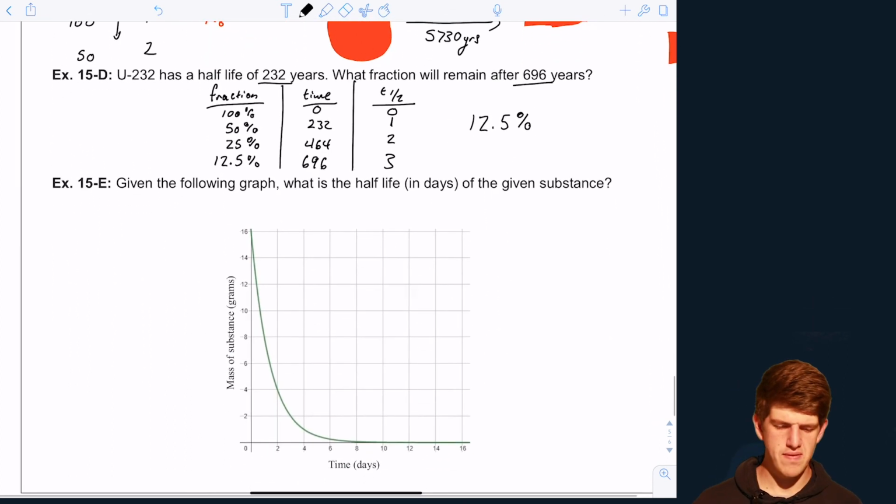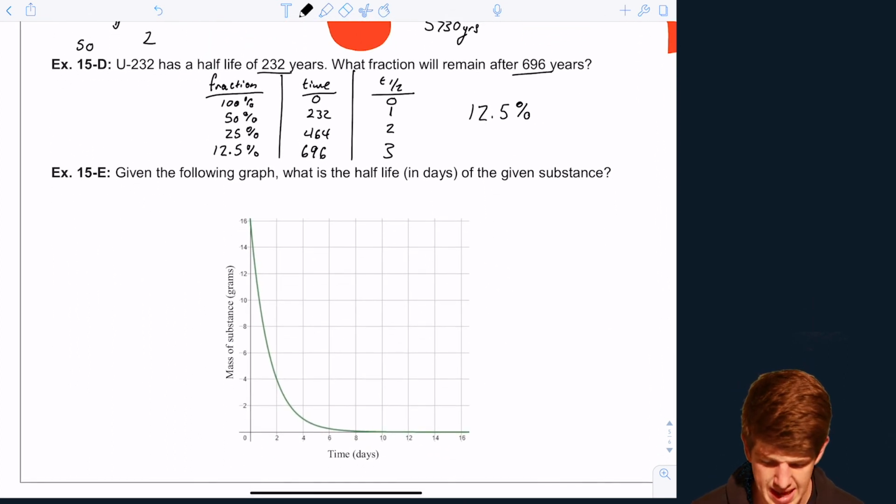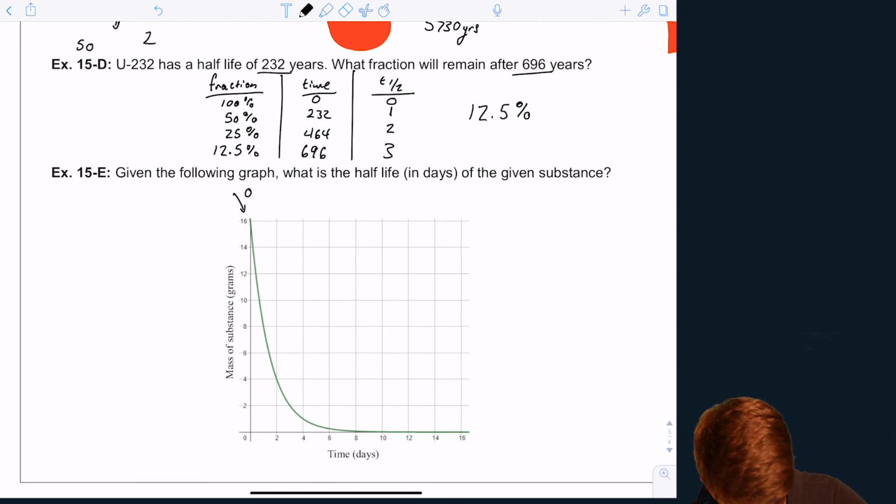Lastly, given the following graph, what is the half-life in days of the given substance? Great. Time, mass of substance. Well, what is my initial mass? Here I have at time equals 0 days, 16 grams.